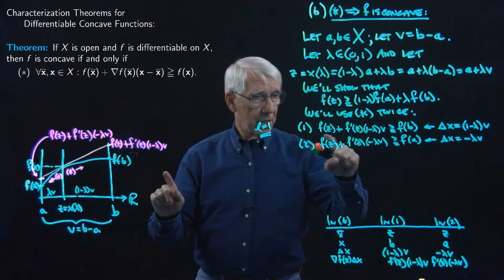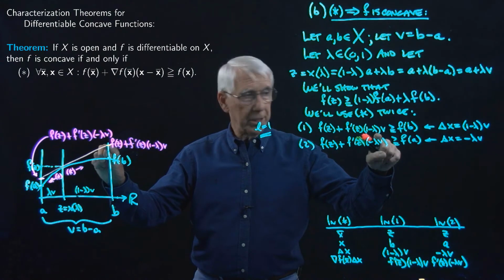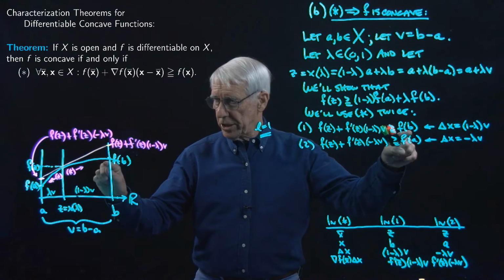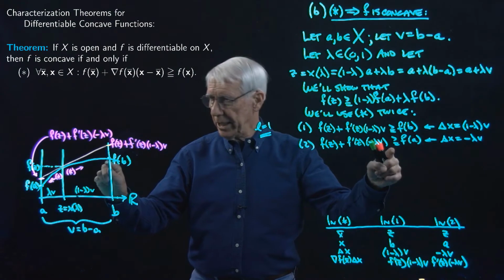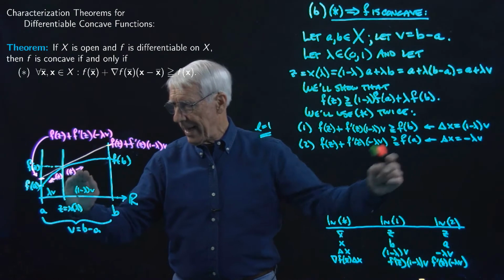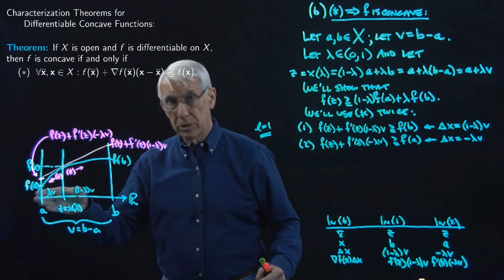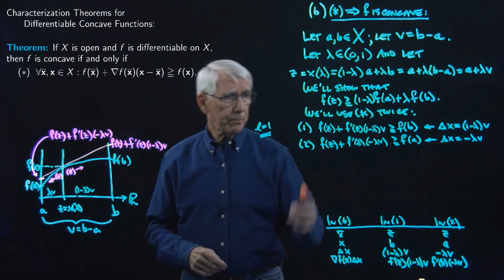And that's what this says. This expression here is this expression, that's the height here, and that's at least as large as f of b. Same thing down here, this expression is at least as large as f of a because the function's bending downwards in this direction. It's concave.